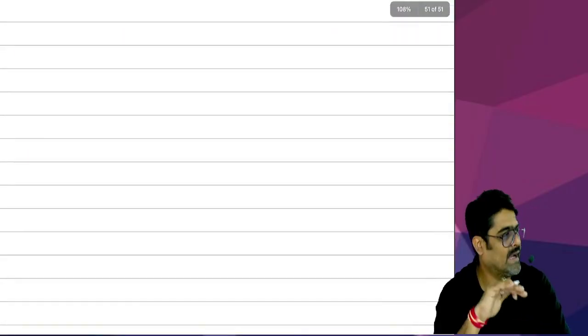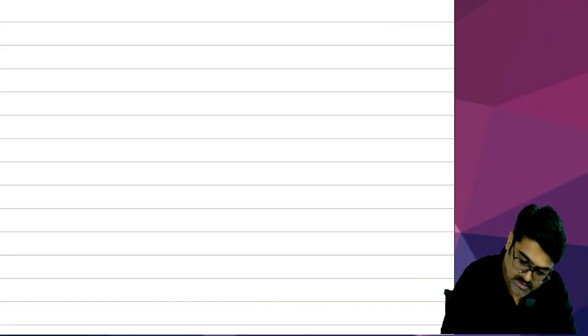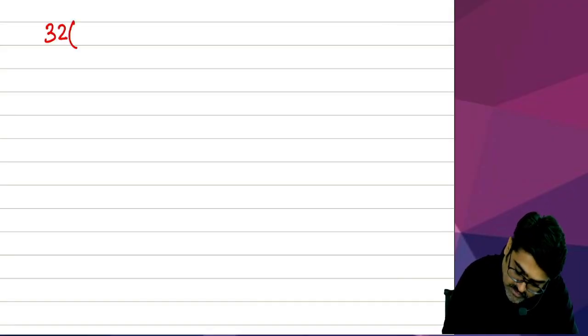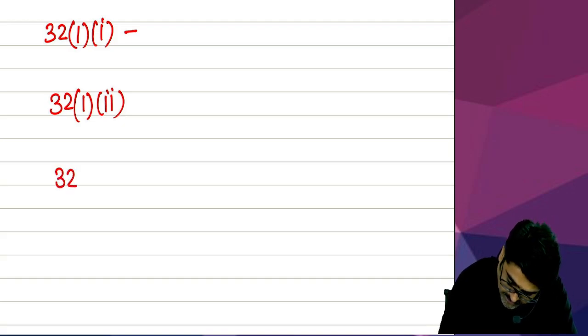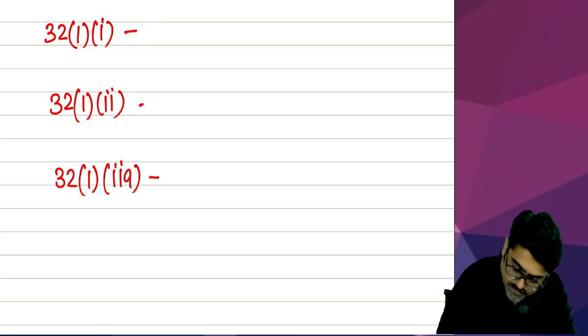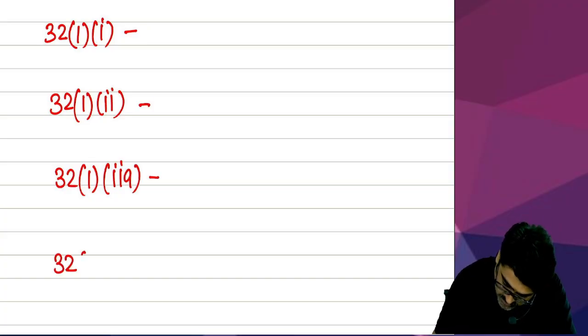So this is the end of 3 depreciation. Section 32, subsection 1, clause 1. Section 32, subsection 1, clause 2. And section 32 subsection 1 clause 2a is also there, and section 32 subsection 1 clause 3 is also there.